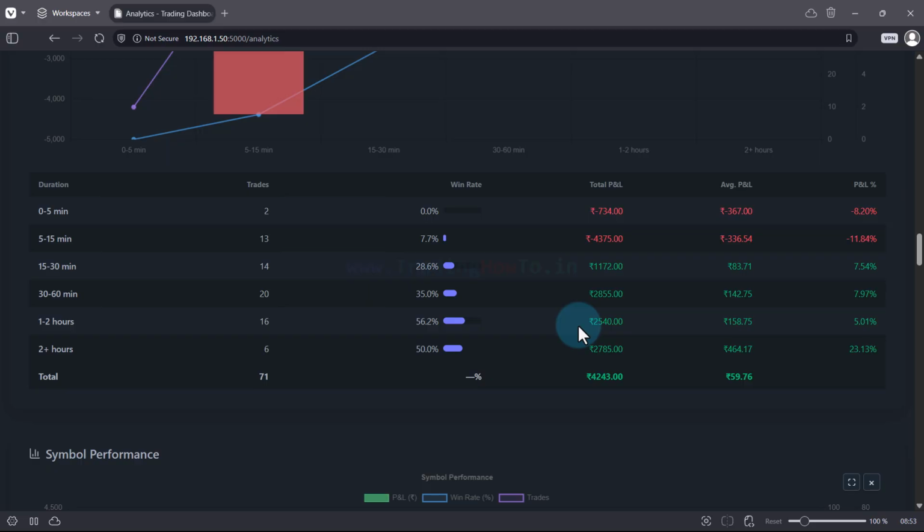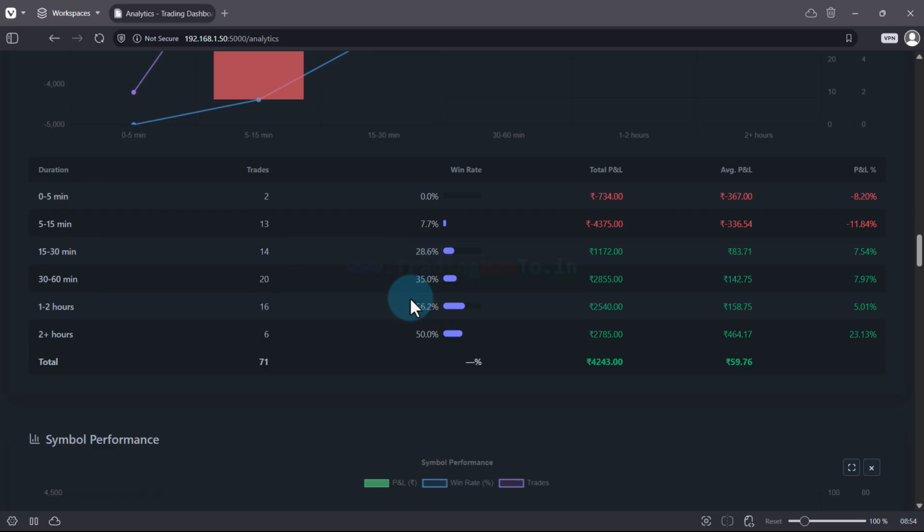Sometimes after trailing, my SL will be above my buying price. So the more time I'm spending in a trade, the better the chances that I'm making some money, and hence the losses will be less. If I'm in a trade for around 20 minutes or longer, there is more probability that I'll be making money. That is one thing we can get from this data.